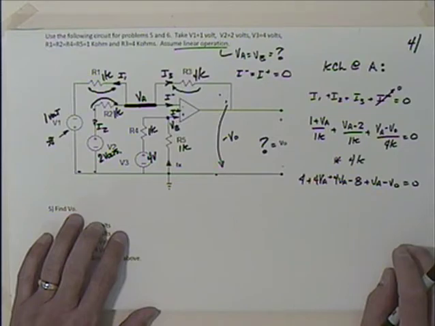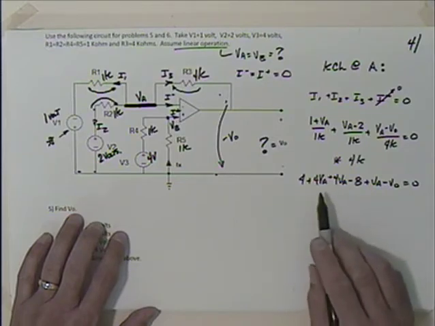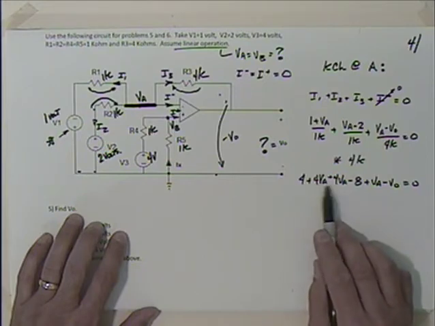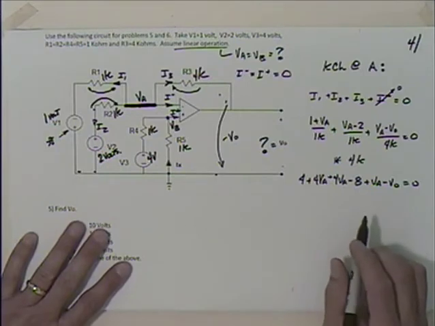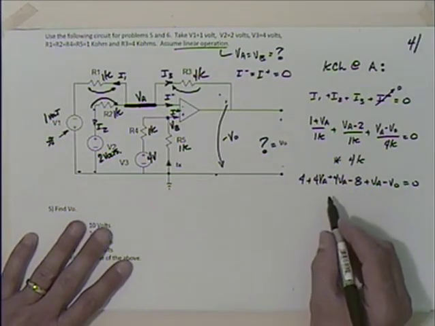Okay, I think I'll double check my work there. 4 VA. Yeah, I think we're good. So we could tidy this up a little bit.